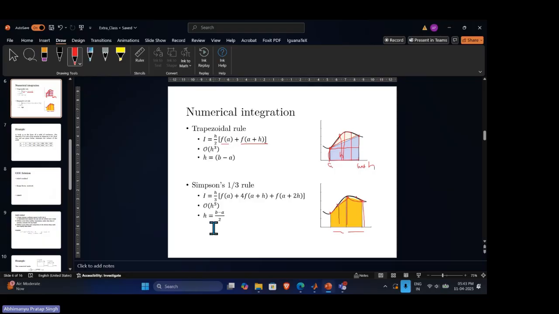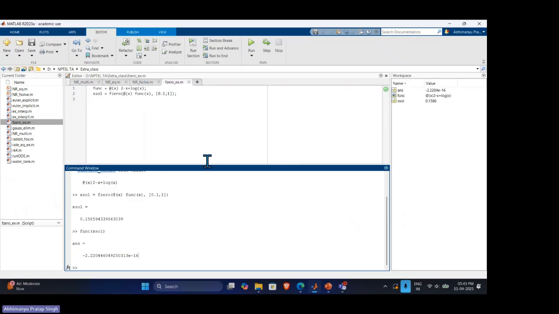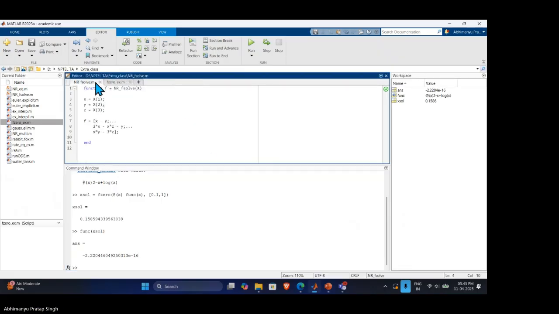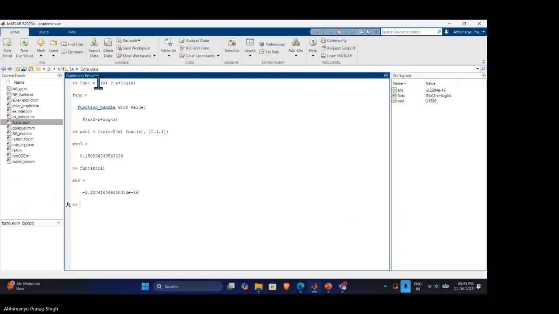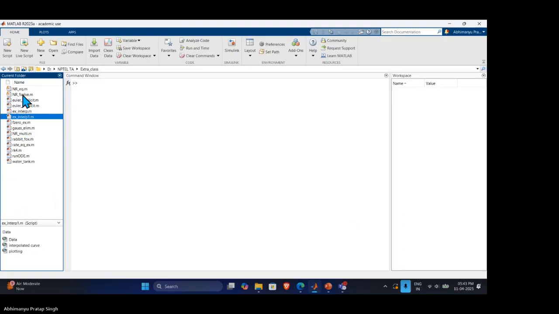So let us look at a simple example. Okay, I think I don't have the example for that.